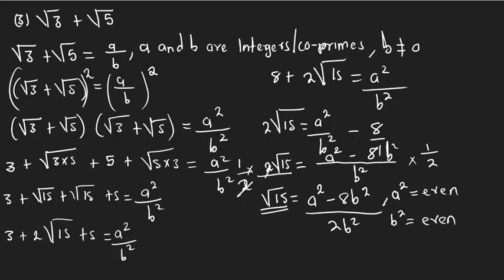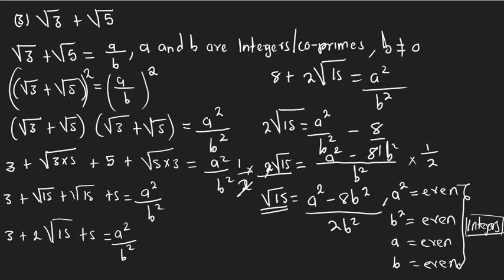If this is true, then we also know that a itself is even and b itself is also even. But we know that all even numbers are integers.